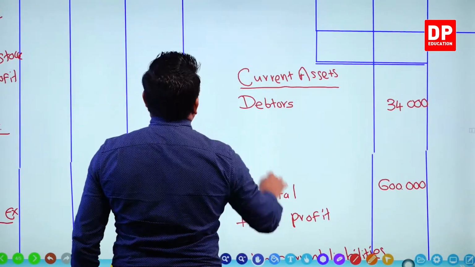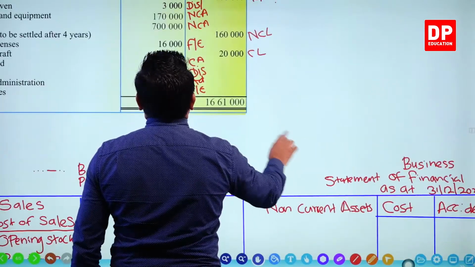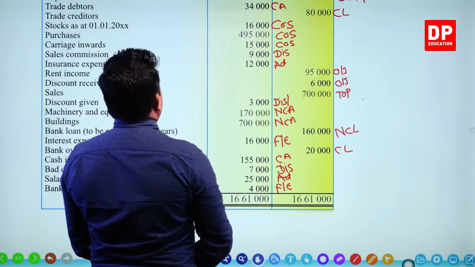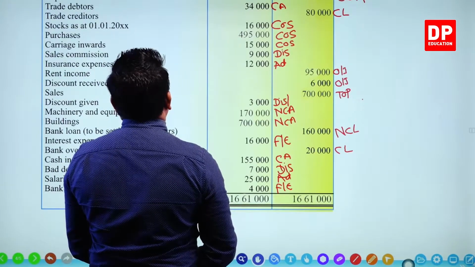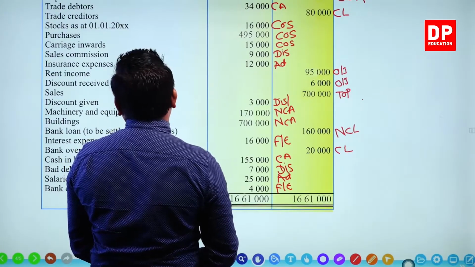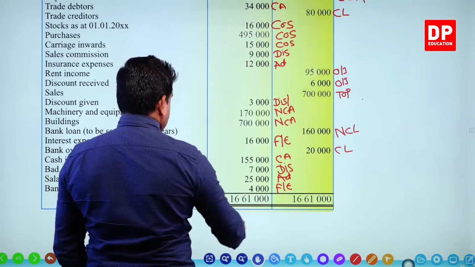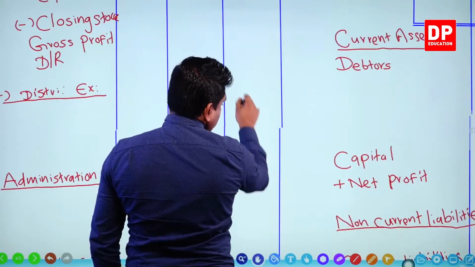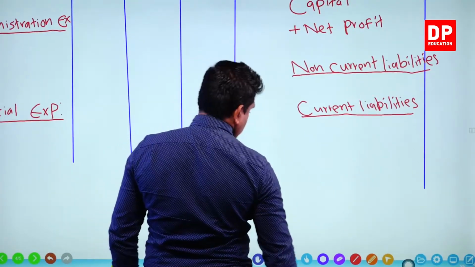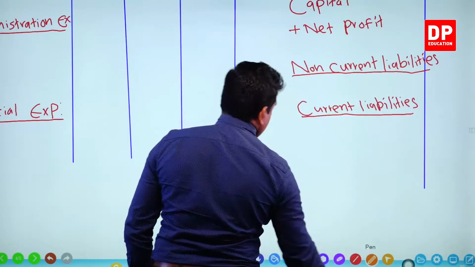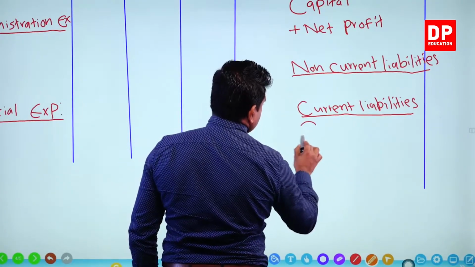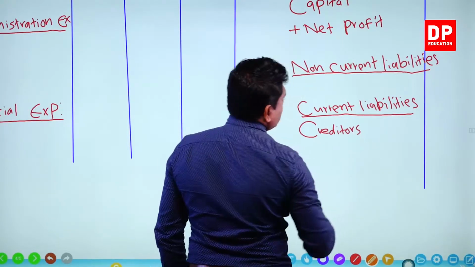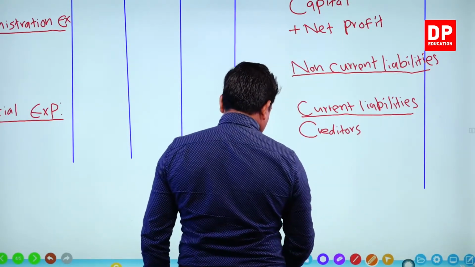Then next, trade creditors 80,000. Opening stock 16,000. Trade creditors 80,000 go under current liabilities.